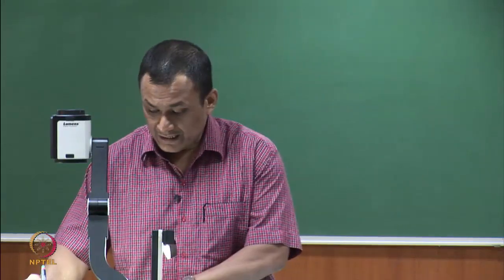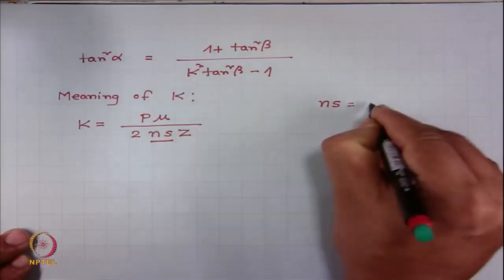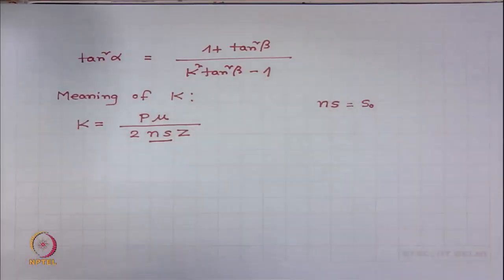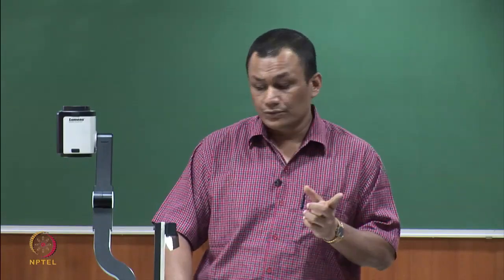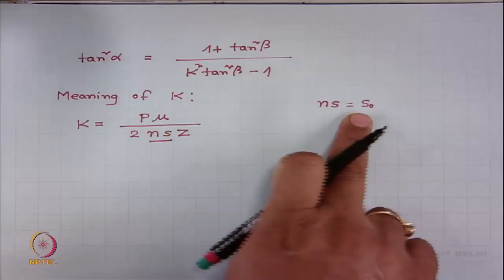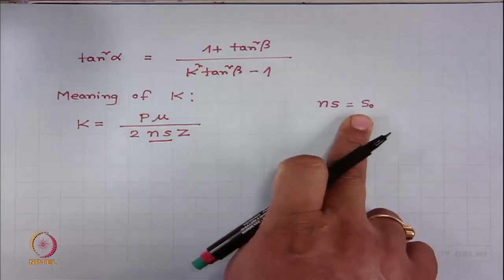So, this NS we can write as substance cross sectional area of the non twisted fiber bundle. In module 2 we used capital S to denote substance cross sectional area.